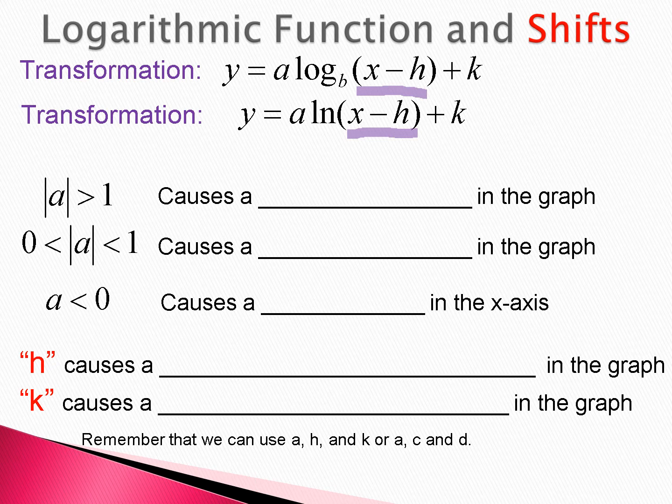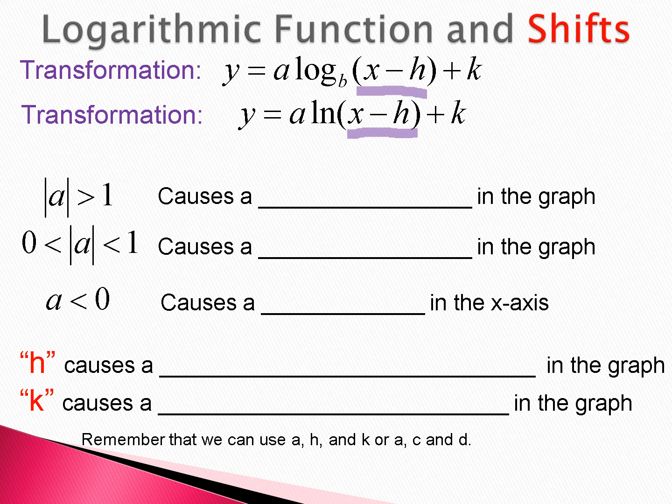Now, when we talk about the absolute value of a being greater than 1 and the absolute value of a being between 0 and 1, please know that means we just want you to look at the value. If it's negative 2 times log, we only want you looking at the 2, because the negative affects it in a different way. You take the 2, that does something, and if it's negative also, that negative does something different, just like all of our other parent functions.